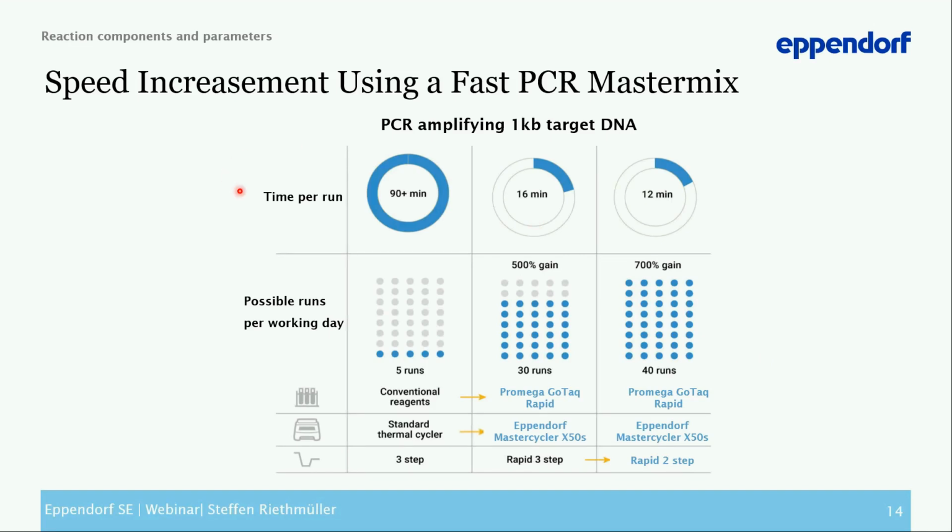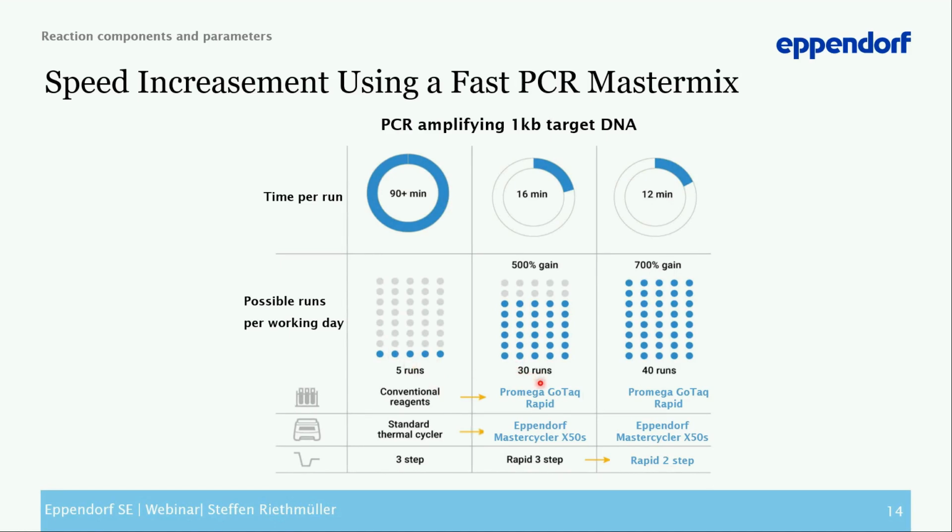So this figure just shows how much you can increase the speed of your PCR. Let's say you have a standard PCR protocol with 3 steps. You're using a conventional, standard cycler and standard reagents. Then your run maybe takes about 90 minutes, and you can perform roughly 5 runs per working day.